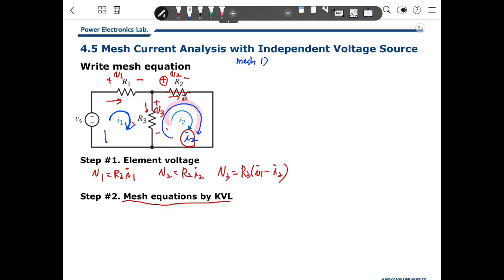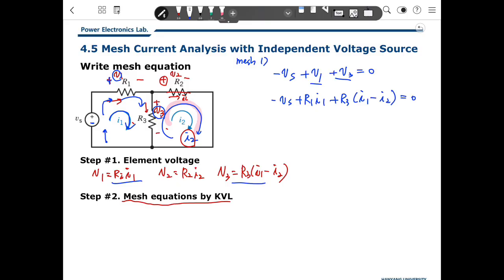Then I am at minus Vs, so minus Vs. Then I am at V1, so plus V1. And I am at V3, plus V3, and the sum will be 0. So minus Vs plus V1, which is R1 I1, plus V3, which is R3 (I1 minus I2), equals 0.